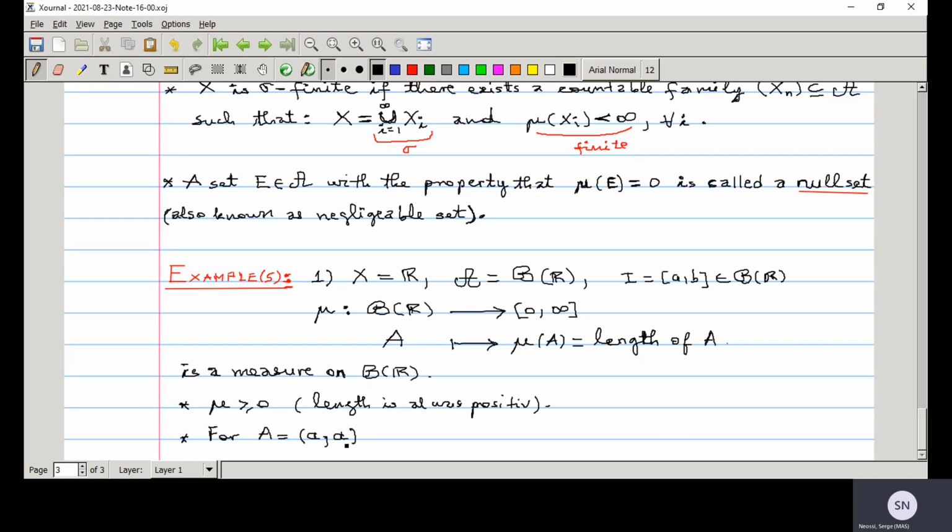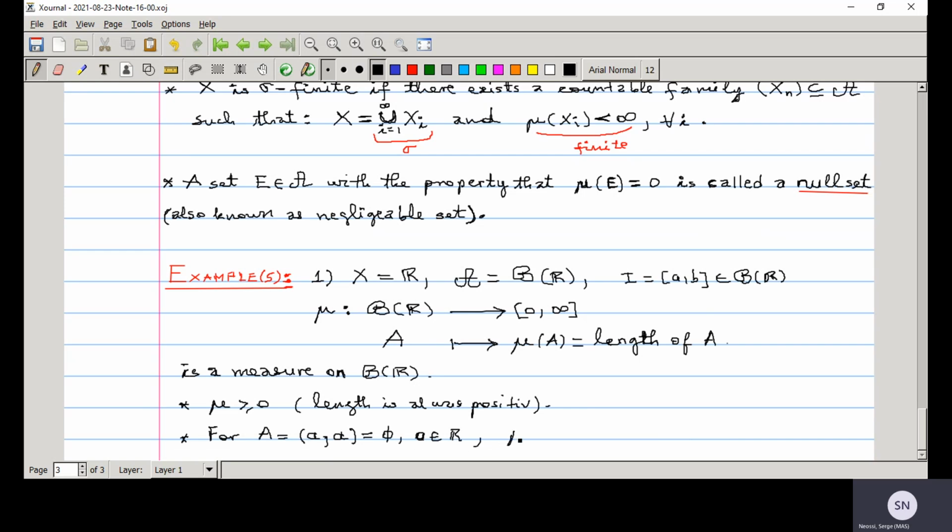So if I take A equal to B, I have this, and this is the empty set, right? Obviously, A is an element of R. Of course, it's an element of R. And it's finite. I can take it finite and arbitrary. So if I have that, this is what I have.